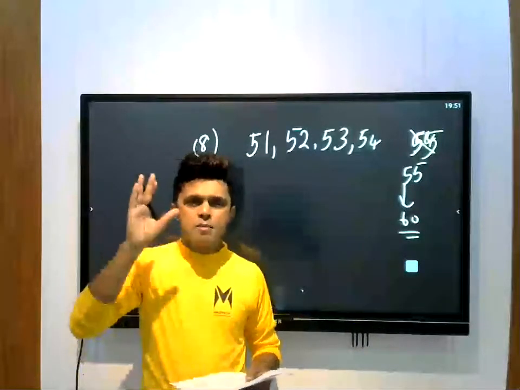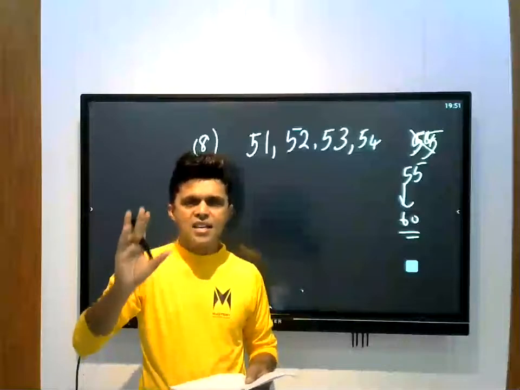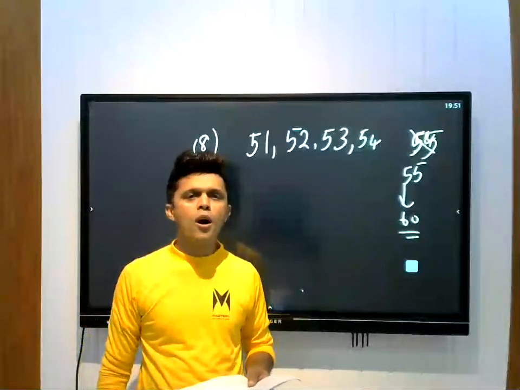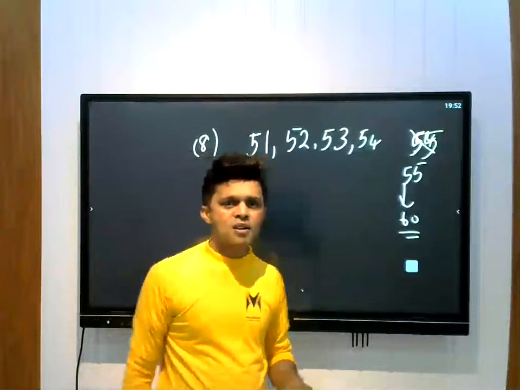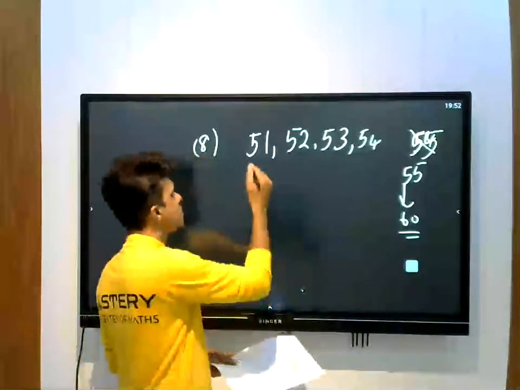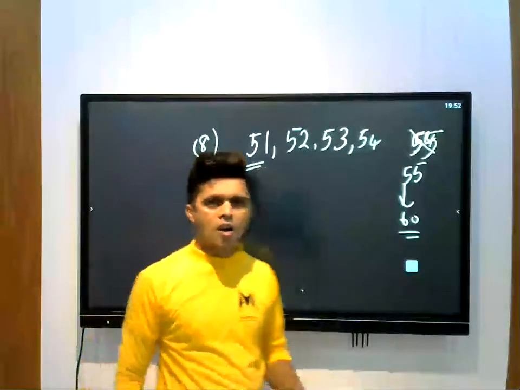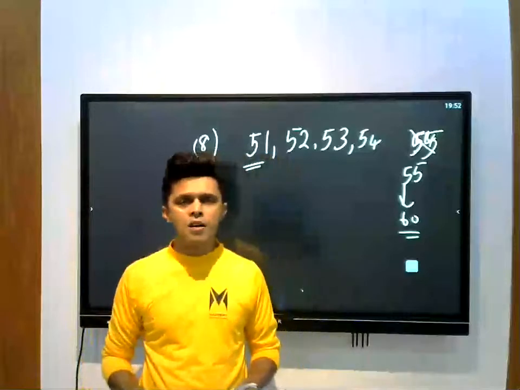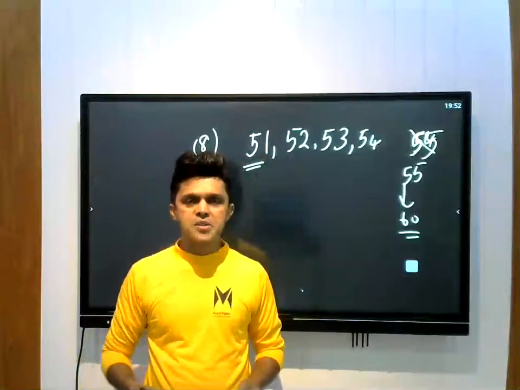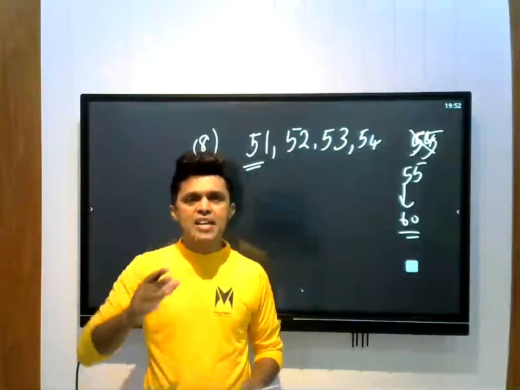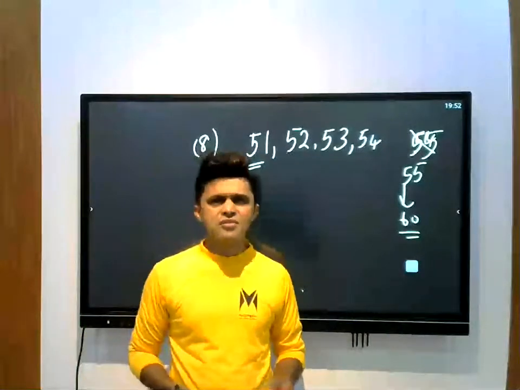So these are the marks that Yamuna can get. The lowest mark that she can get is 50.